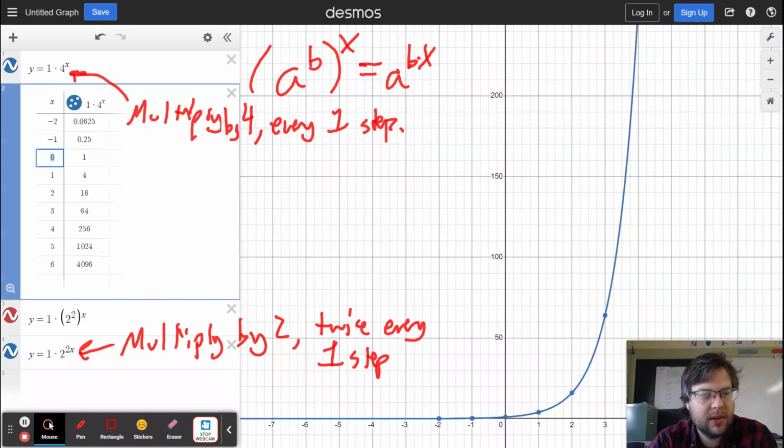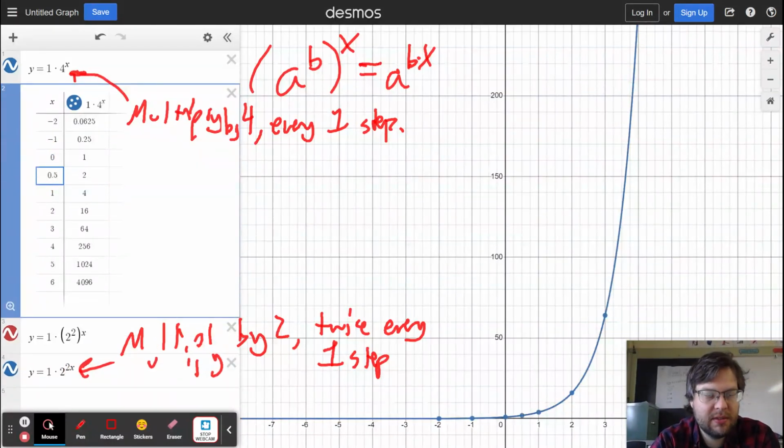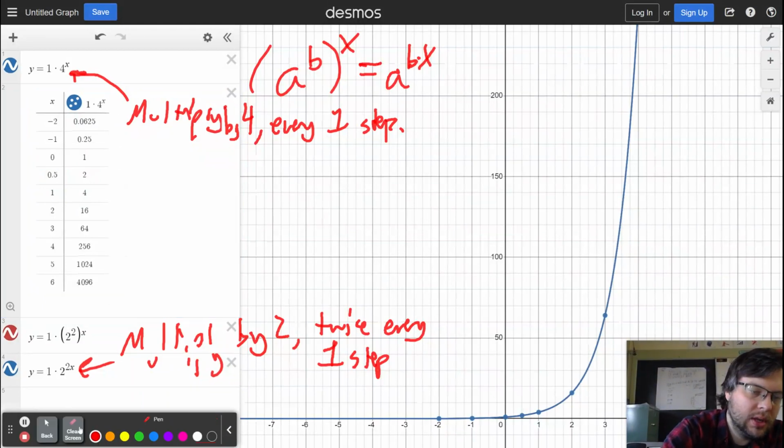And if I go into my table and if I ask it to figure out what 0.5 is, you can see that in a half step from 0 to 0.5, it multiplied by times 2. See what I'm saying there? That this is just a half step, and this is multiplying by 2.